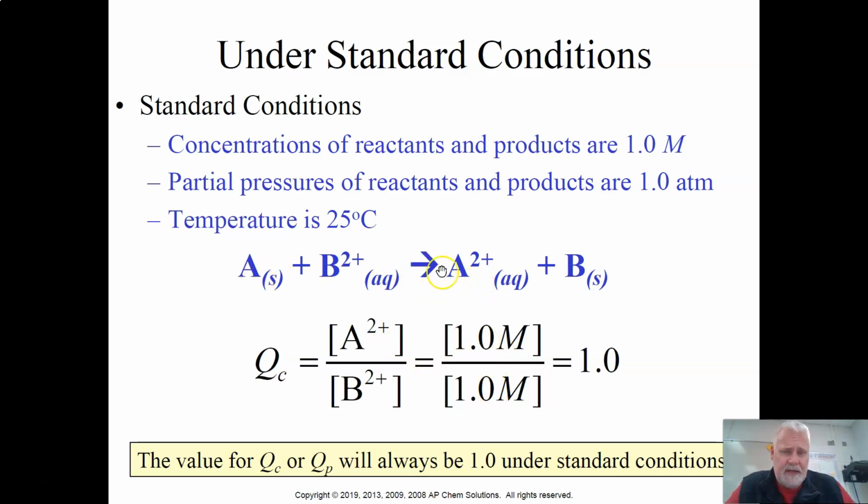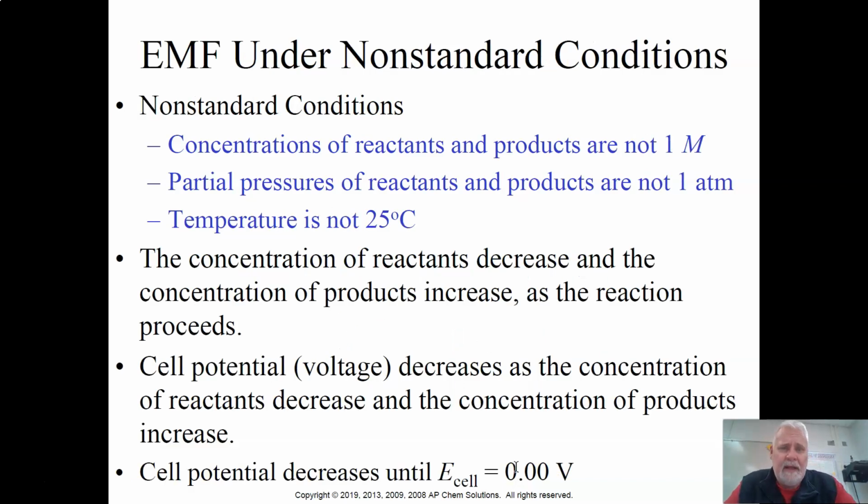If the concentrations of these are both 1 molar, you can see QC, the equilibrium constant, will be 1. And the value of QC, or if it was a gas, QP for partial pressure, would always have a value of 1.